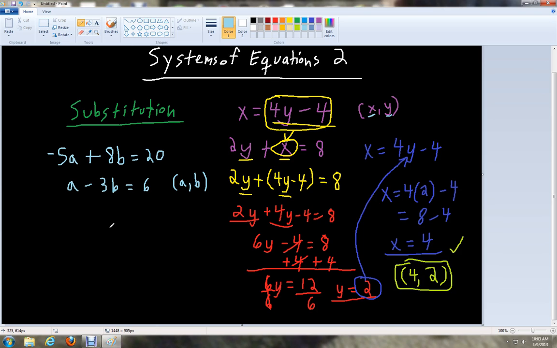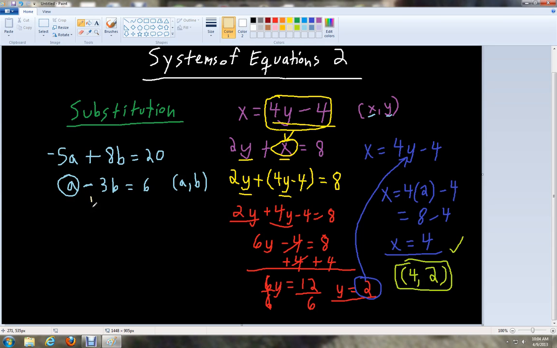So what we can do here is that we see that neither variable is isolated, or by itself, but we see that it can be easy to solve for the variable a in this case. So let's solve for a.